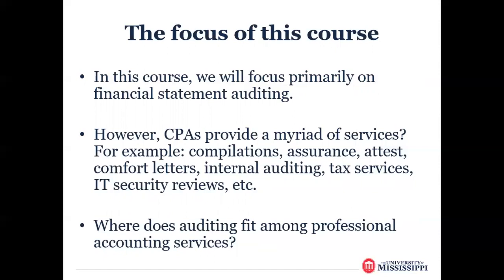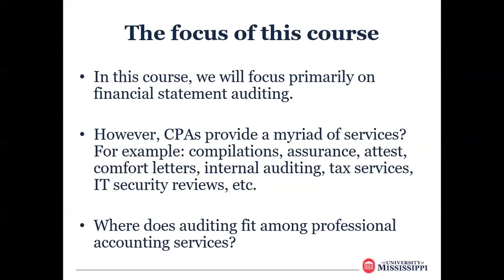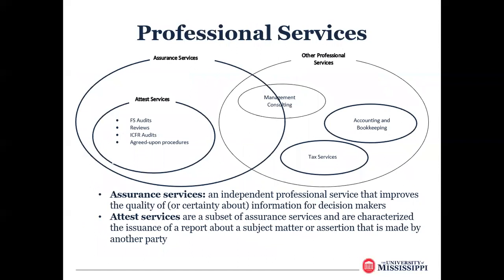The profession is continuously trying to broaden the scope of the services that come under the umbrella of accounting professional services. And so a question that I think is appropriate for us to ask is, where does auditing fit among all of those professional accounting services? Well, this diagram, I think, illustrates that for us.